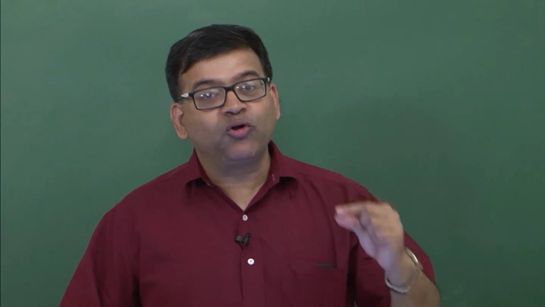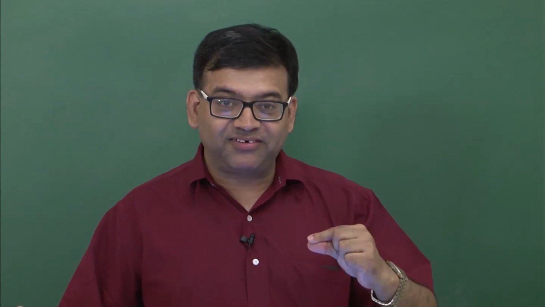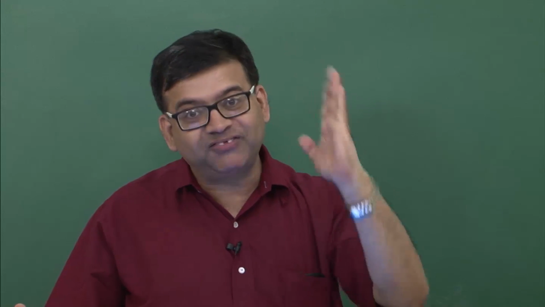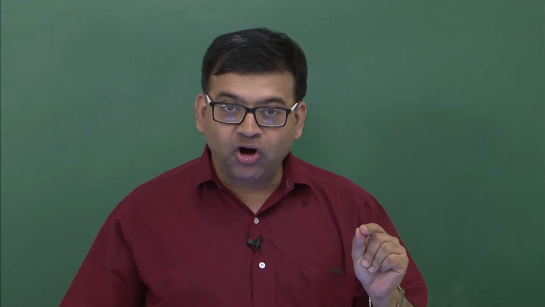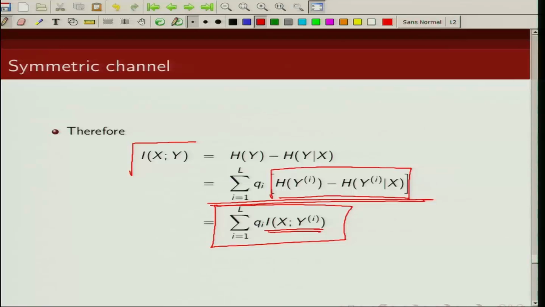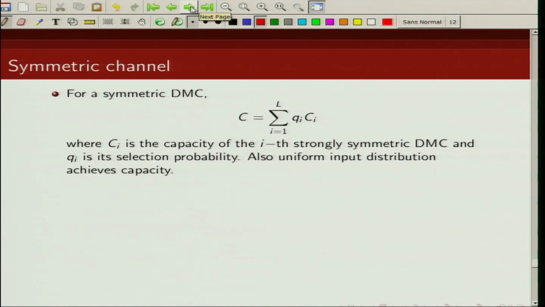Alright, and we are going to exploit this to get the capacity of a symmetric channel. So if we are able to decompose our symmetric channel into strongly symmetric channels, and since it's the same input which goes to all of these strongly symmetric channels, and we know that it is the uniform input distribution that achieves capacity, we should be able to get the expression for capacity of a symmetric channel after decomposing it into strongly symmetric channels.